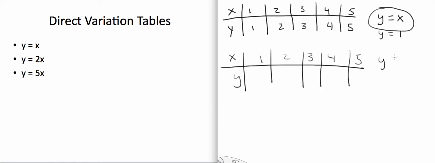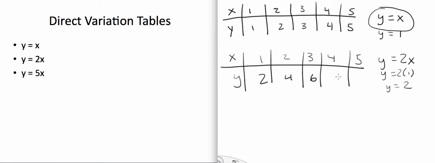We've got y is now equal to 2 times x. This 2x means 2 times x. When we put 1 in for x, we have y is equal to 2 times 1, which gives us y is equal to 2. So when x is 1, y is 2. We follow the same work. When x is 2, y is 4.